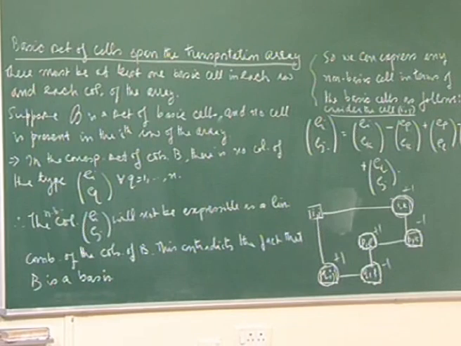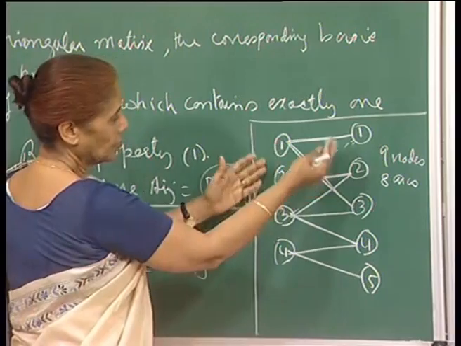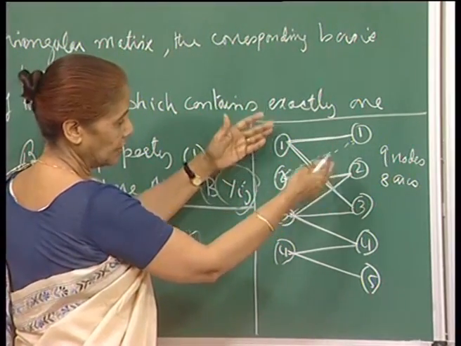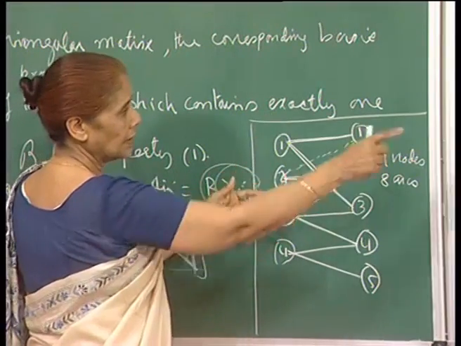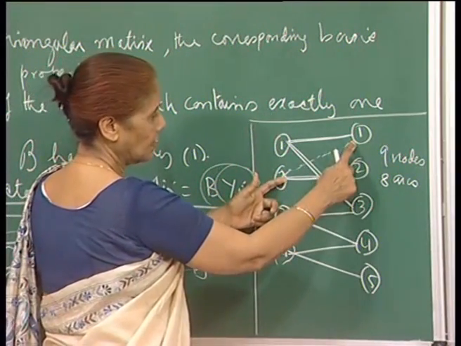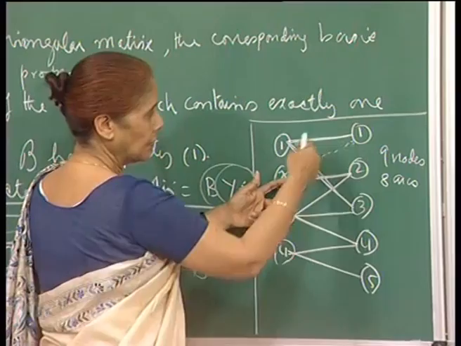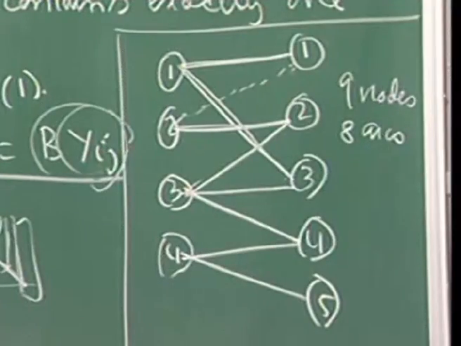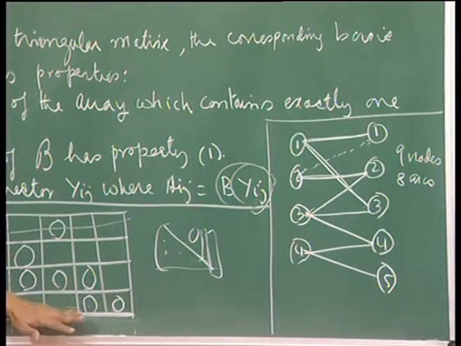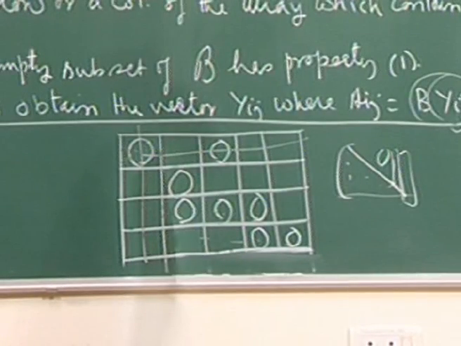Now you take any non-basic arc, and it will form a cycle with a subset of the basic arcs, and then you will immediately know how to express this column or this arc in terms of the basic arcs. So, all these concepts are the same. I am just trying to make you familiar, so that once we work out the simplex algorithm on the transportation array, you can immediately see what is happening.